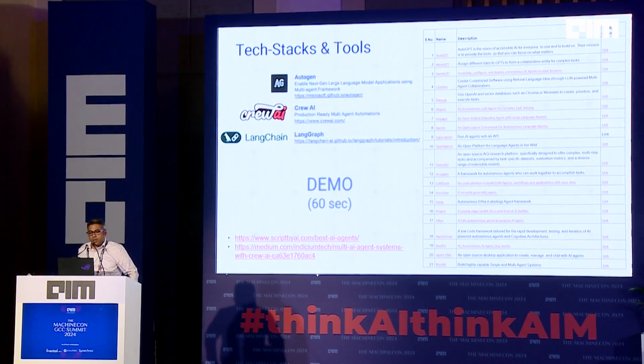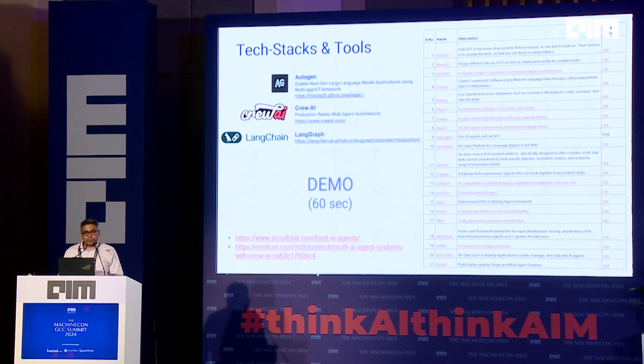Alright, so let's look at some of the popular tech stacks. These are some of the popular tech stacks which are the front runners now: AutoGen from Microsoft, Crew AI, and LangGraph, which is kind of related to LangChain. Okay?